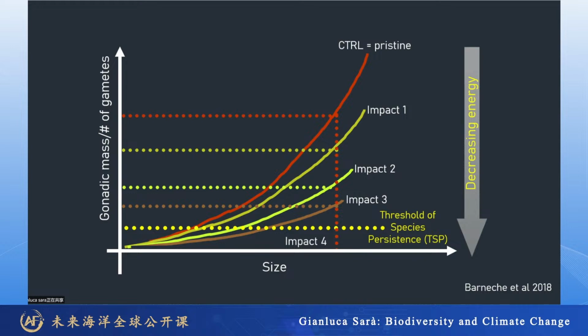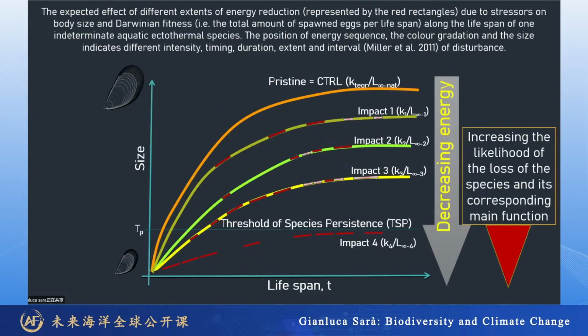If you don't have hard substrates, many organisms are not able to recruit at local level, and these larvae die. You lose this potential of biodiversity. This is a sort of cascading effect that we are observing at sea, and all possible effects start from the reduction of body size.